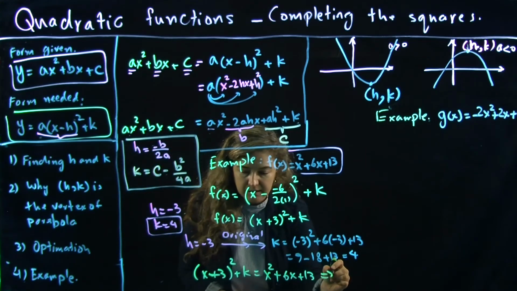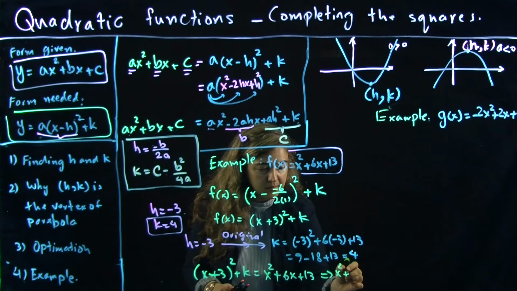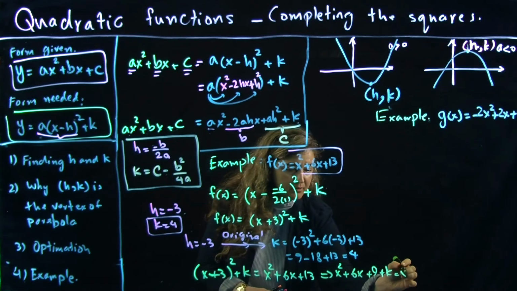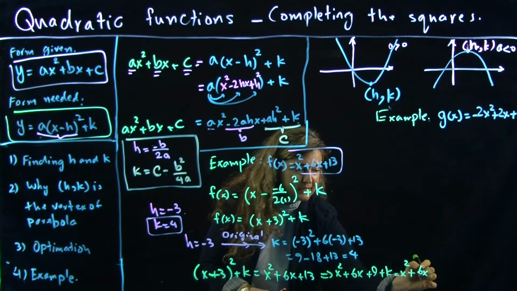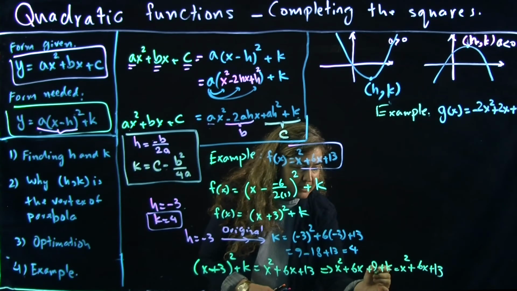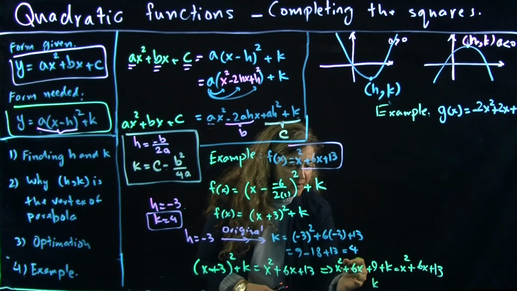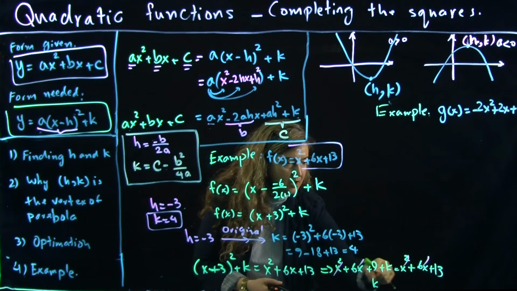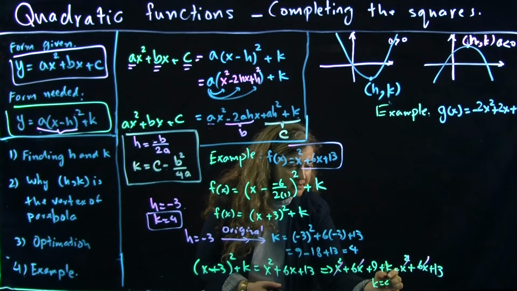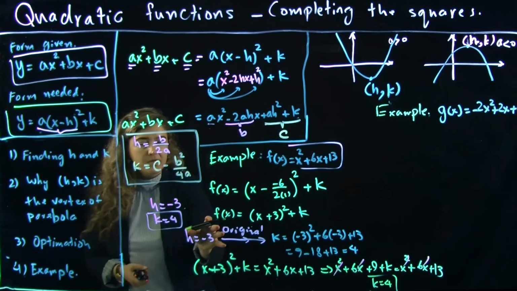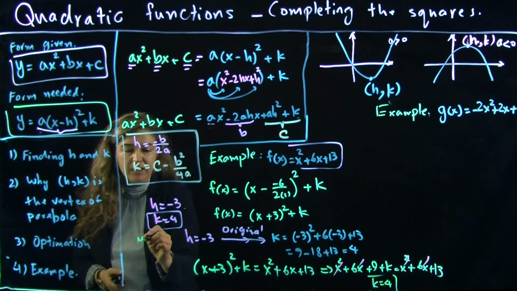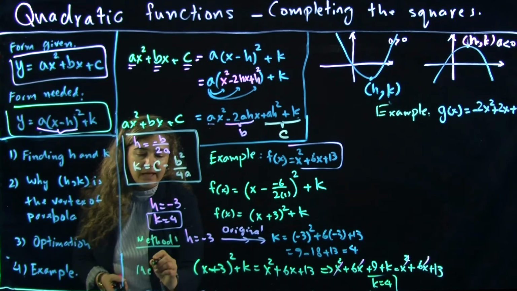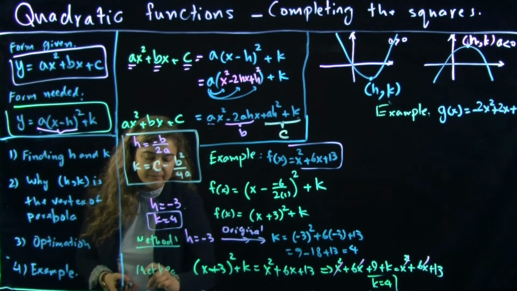So that would be x squared plus 6x plus 9 plus k is equal to x squared plus 6x plus 13. That gives me k. Everything simplifies, and 9 subtracted from 13 is equal to 4. So one way, method 1, plug in. Method 2, expand and compare.